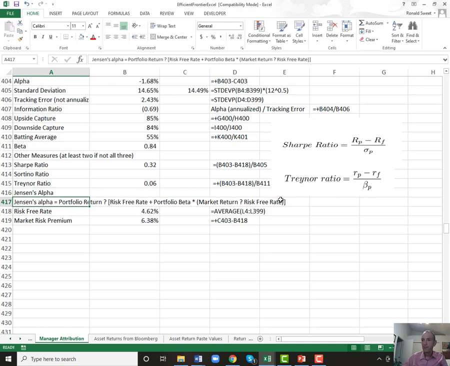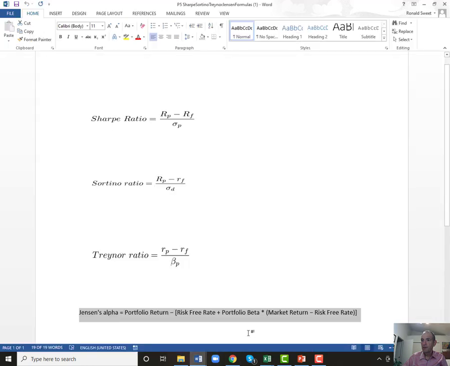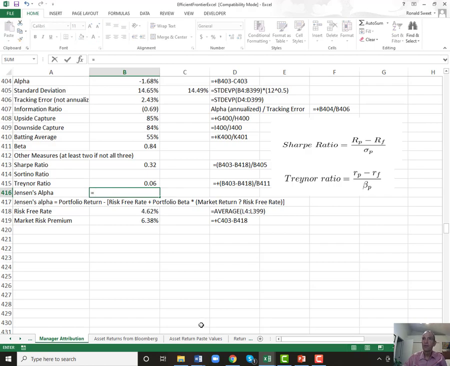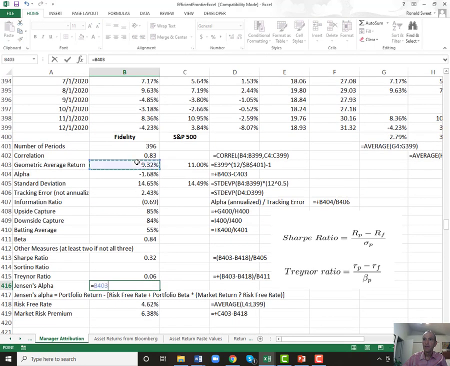So portfolio return minus the risk-free rate, so we'll do equal the portfolio return minus, and then we're essentially going to put the entire CAPM into the formula. So the risk-free rate plus our beta times the market risk premium, which is the market return minus the risk-free rate.